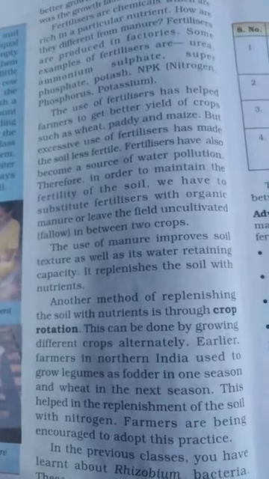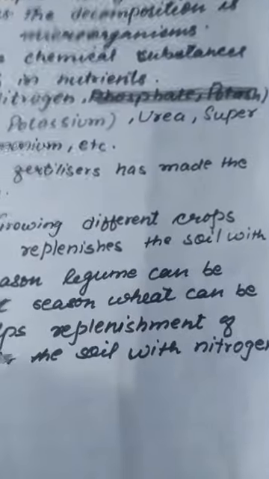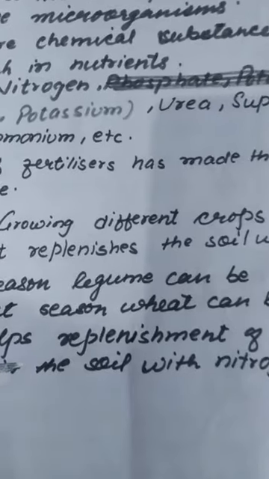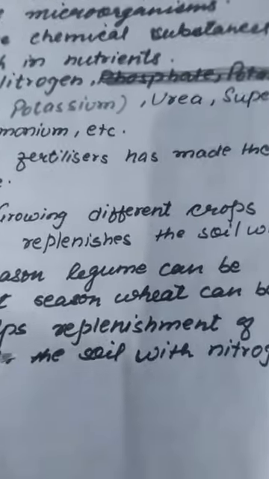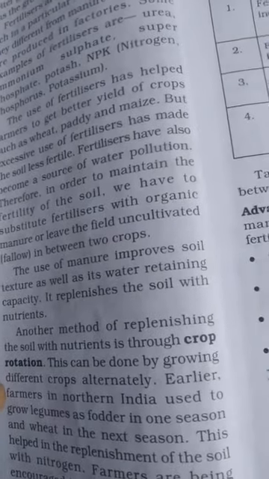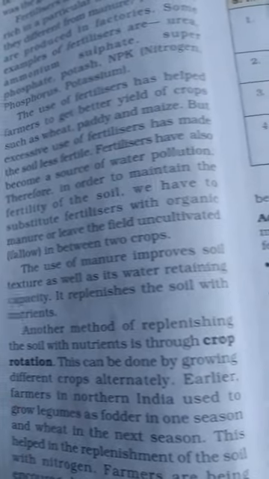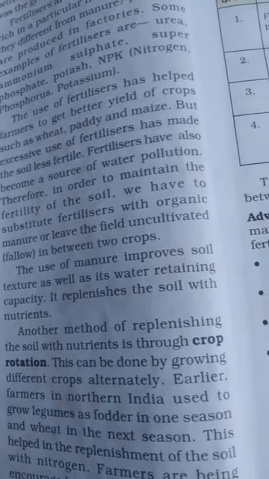It helps replenishment of nitrogen in the soil. It is not losing the nitrogen from the soil. So that is crop rotation, as I have told, done by growing different crops alternately. Earlier, farmers in northern India used to grow legumes.